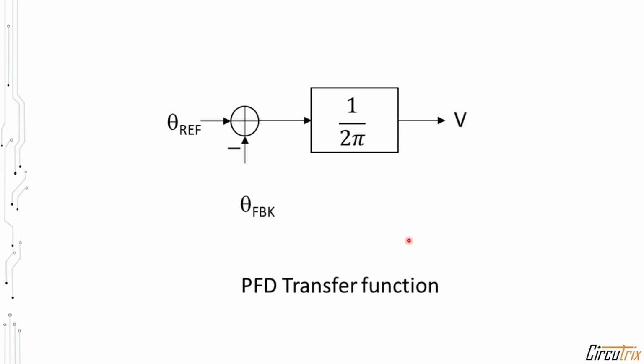Now the transfer function can be represented as shown over here. We have the phase of the reference clock and the phase of the feedback clock. The difference is generated as a phase error over here, which is multiplied by the gain of the phase frequency detector, which is 1 by 2 pi, and gives me the output.